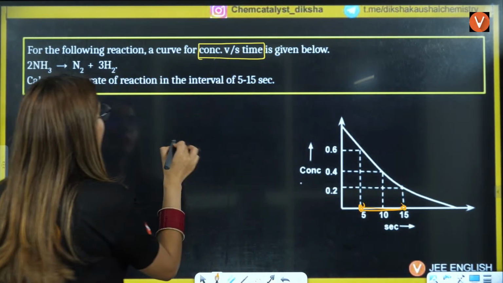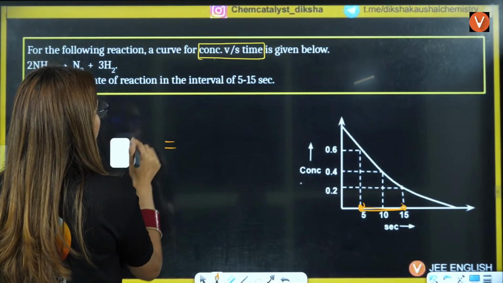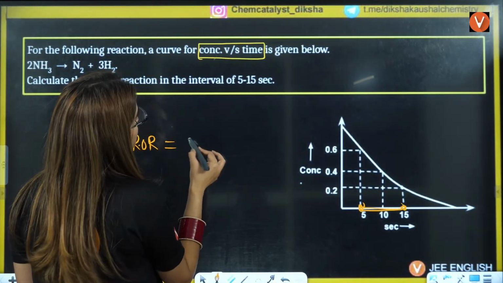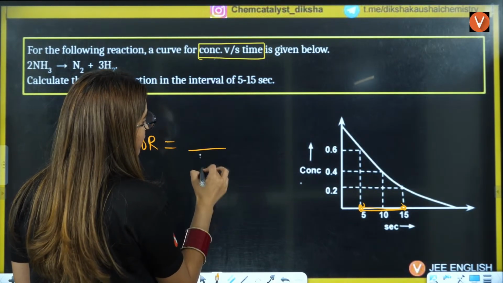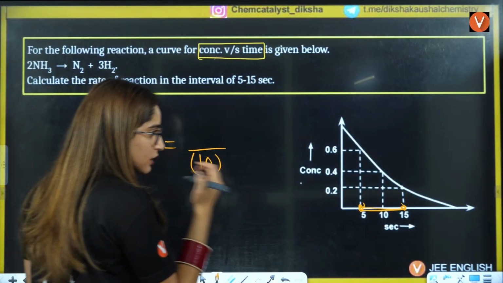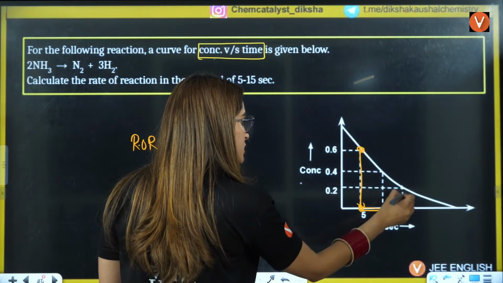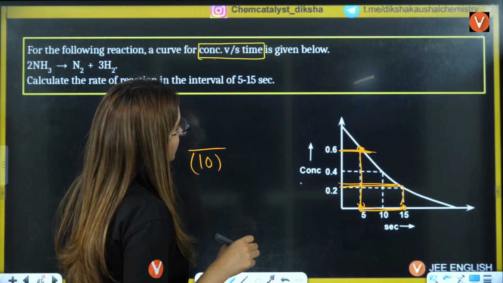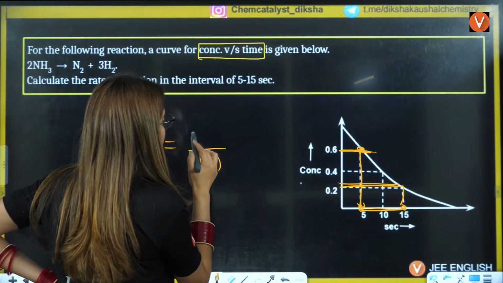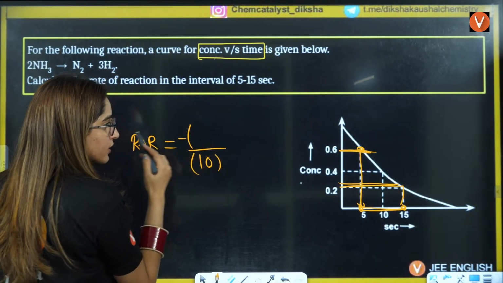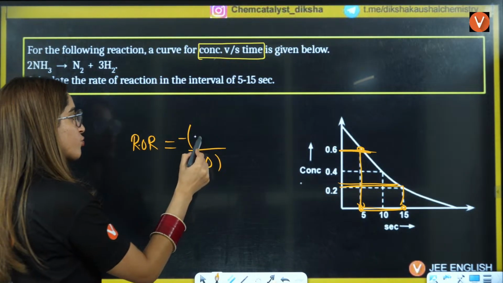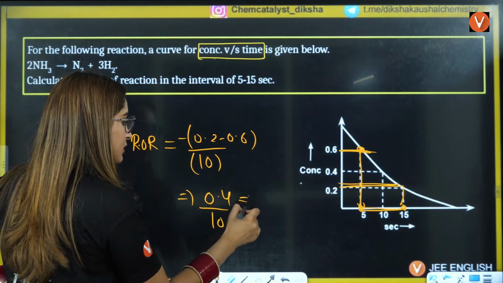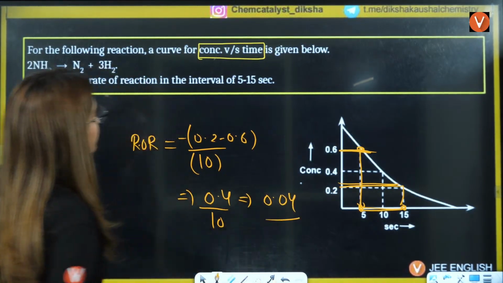Time is going to be 10, and here how much concentration is changing. At 15 it is 0.2, so you take the minus because it is getting consumed here, right? So it will be minus 0.4 divided by 10, it will be 0.04, right?